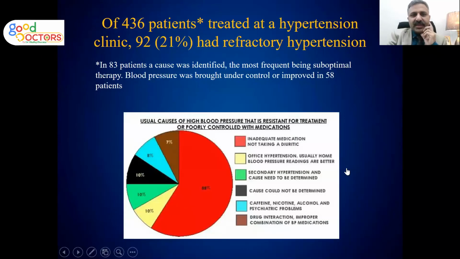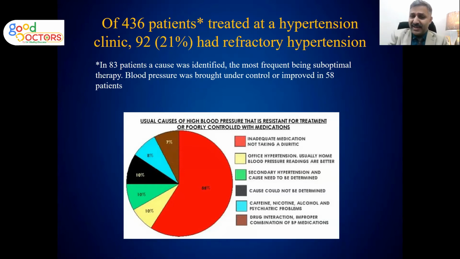So this was a study of 436 patients treated at a hypertension clinic. 21% had resistant hypertension. So they wanted to find out what was the cause. In 83 of 92, they were able to find a cause, and in 58 out of 83, they were able to treat it. So what did they find? 56%, number one, inadequate medication or not taking a diuretic was the number one cause.